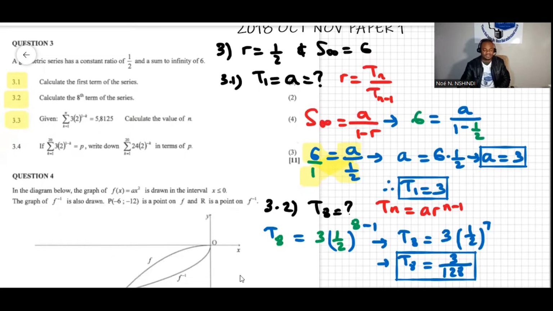The following question is question 3.3. It is given in sigma notation, where the sigma symbol stands for the sum.